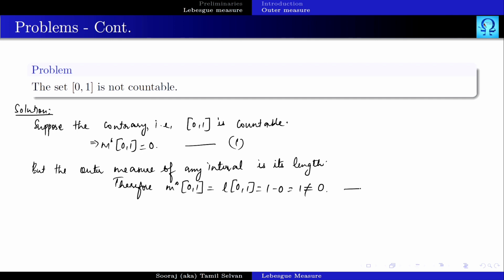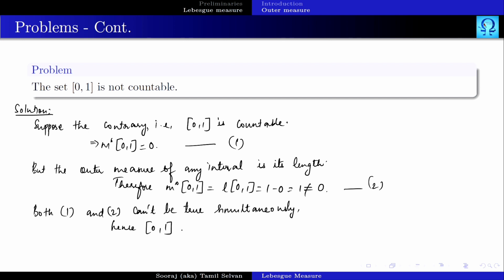Let me mark that as equation 1 and this as equation 2. Both 1 and 2 can't be true simultaneously. Hence the interval [0, 1] is not countable. So this completes this problem.